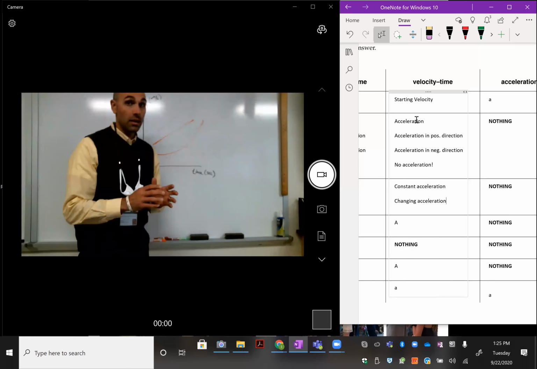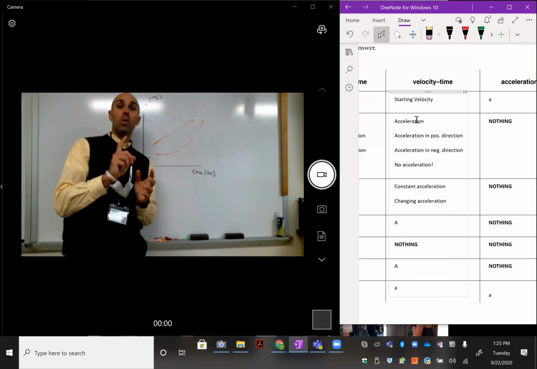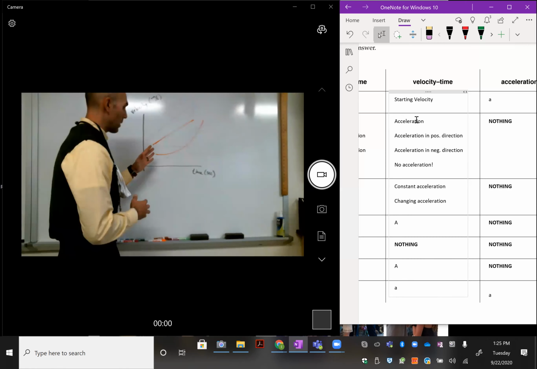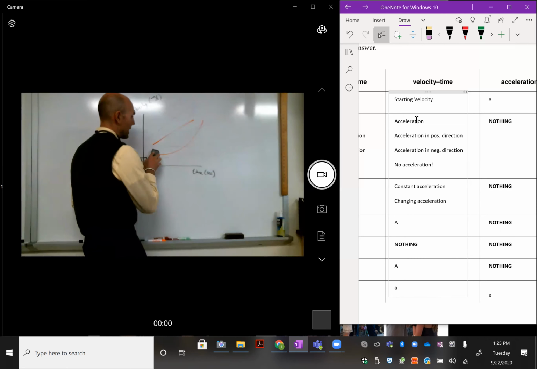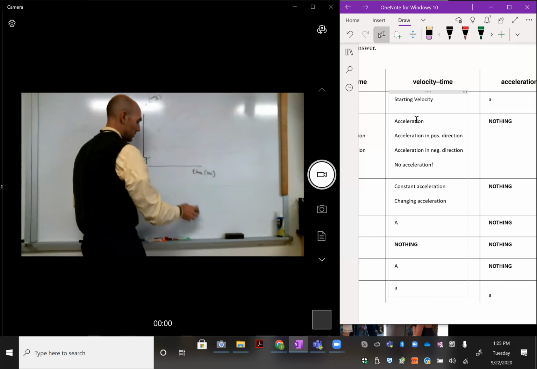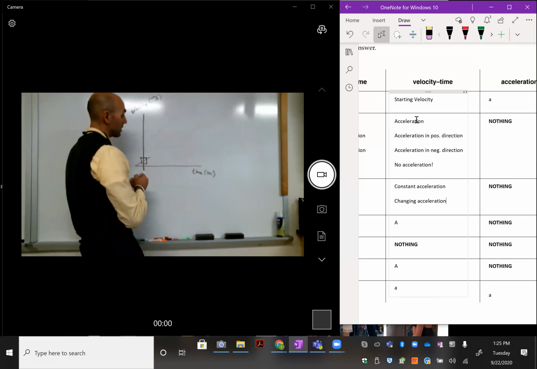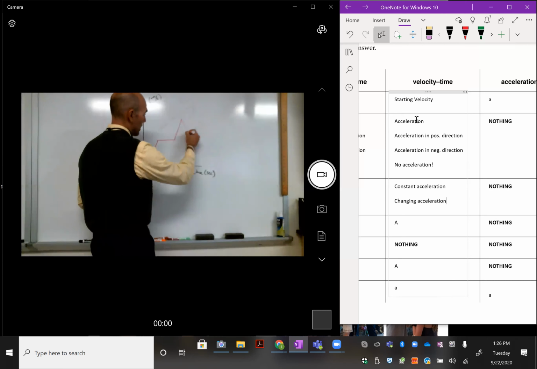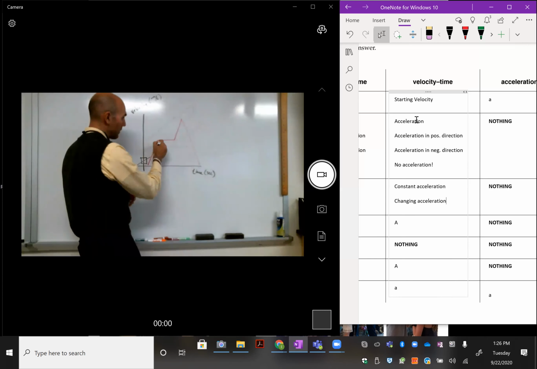Now, this is very important. This is the one and only time that we actually look at area under the curve. When we're looking at a velocity versus time graph, let's say it comes up, over, up, and back down. If we're calculating the area under the curve, that means we are multiplying the length times the width.